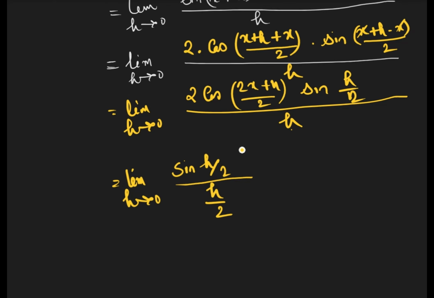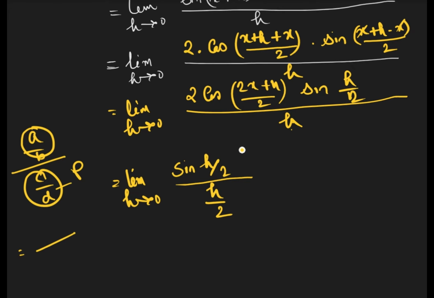Which formula? We know a by b over c by d. Here c by d means h and here ab means 2. So we could write down in the following line, so this is, let's say, p and this is q, so p over q, right?